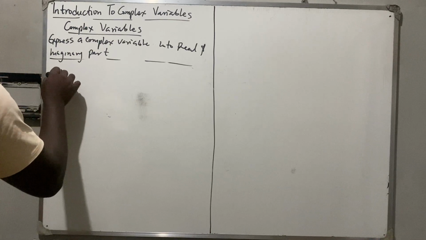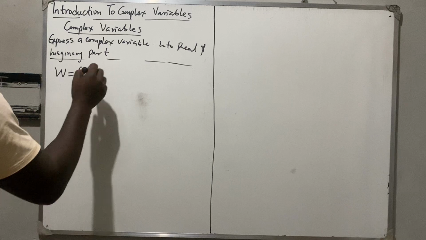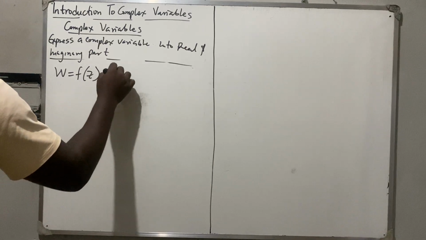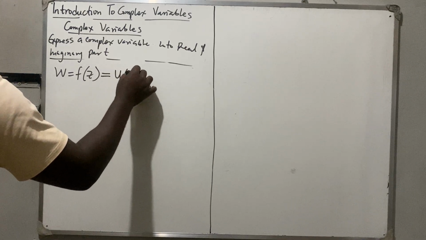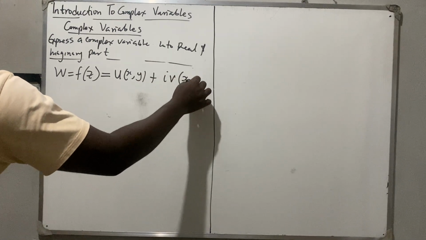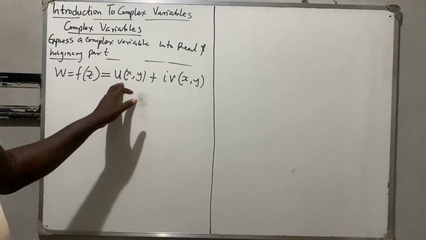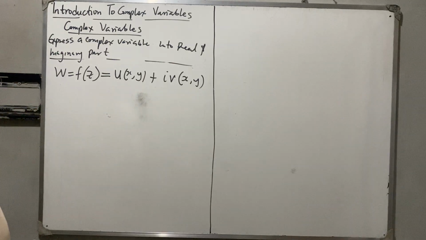If you are given w is equal to a function of z, you are required to turn it into u, which is a function of x and y, plus i v, which is a function of x and y. The one that does not have i is the real part, and the one that has i is the imaginary part.